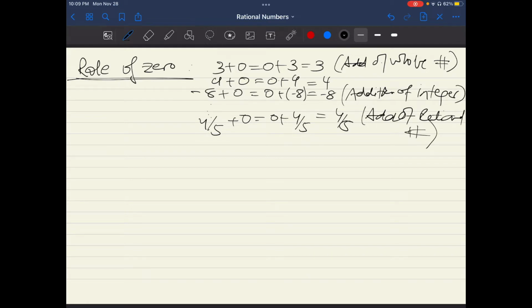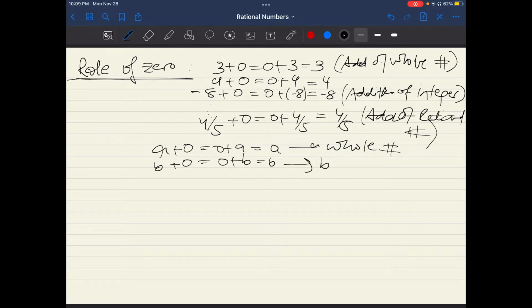Now, what do we see? We see that a plus 0 equals 0 plus a equals a, where a is a whole number. b plus 0 equals 0 plus b equals b, where b is an integer. And c plus 0 equals 0 plus c equals c, where c is a rational number.